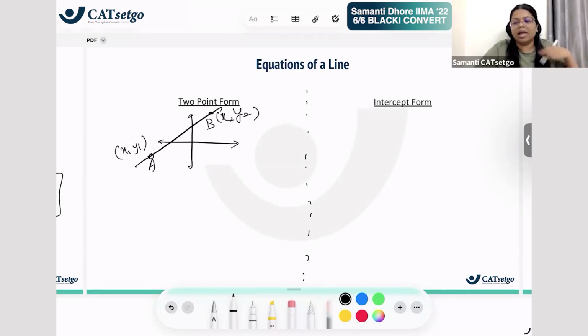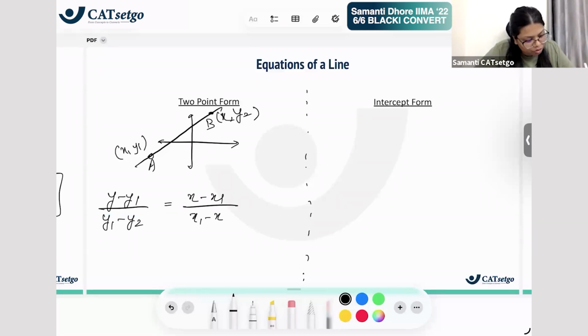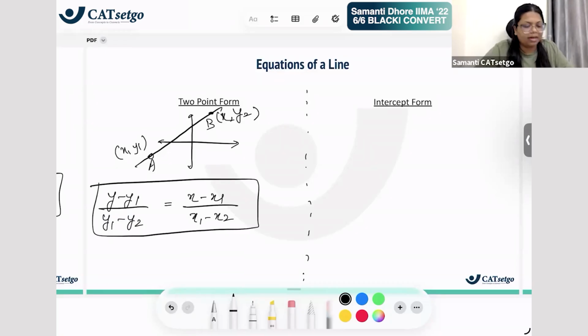So iska kya hoga? Again, using slope only it is found out, but this is how it is going to be. It is going to be y minus y1 upon y1 minus y2 is equal to x minus x1 upon x1 minus x2. This formula also we get by deriving from the slope only. Why? Because we know that the slope is equal to y1 minus y2 upon x1 minus x2.